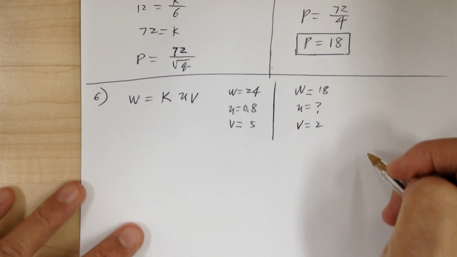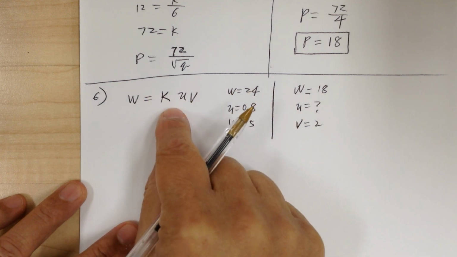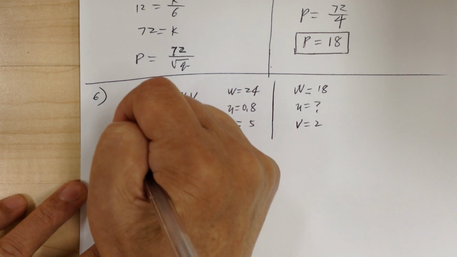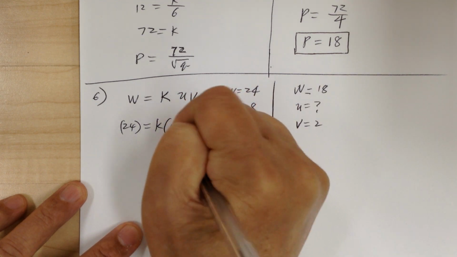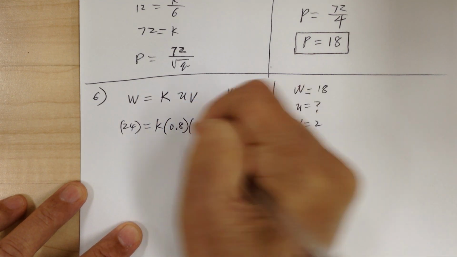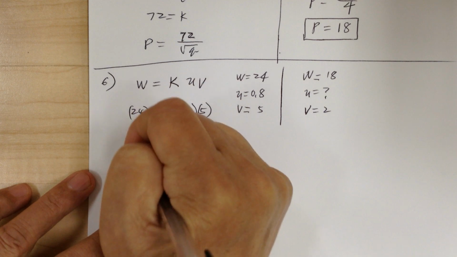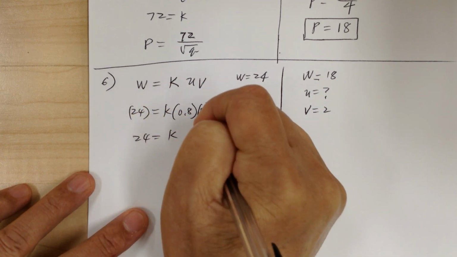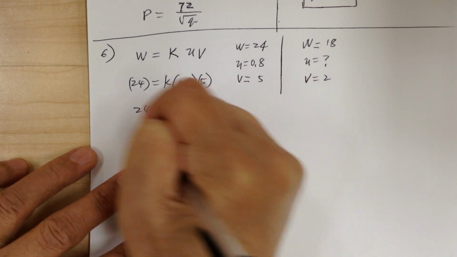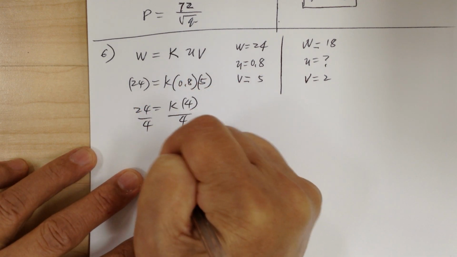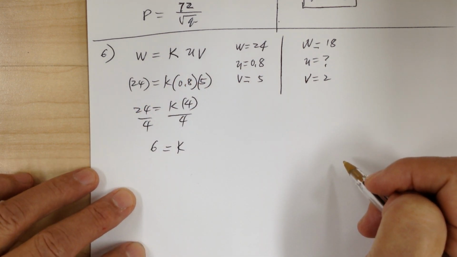Okay, so again, first you substitute to find K, so you got 24 equal to K times U is 0.8, V is 5. So work things out a little bit. And then divide by 4, so K equal to 6.